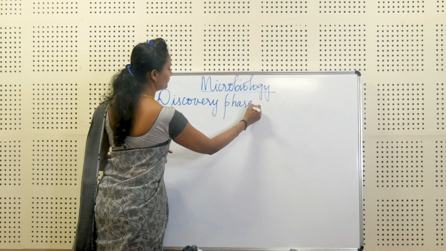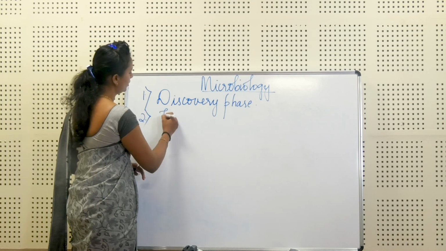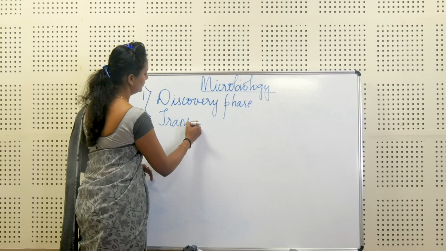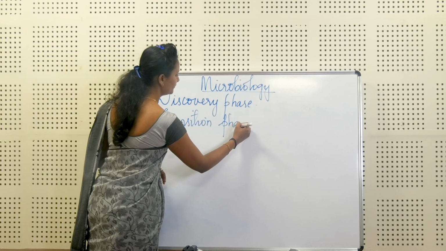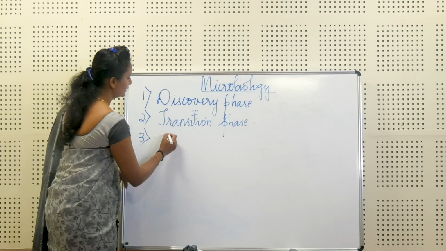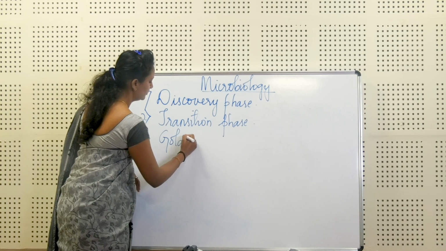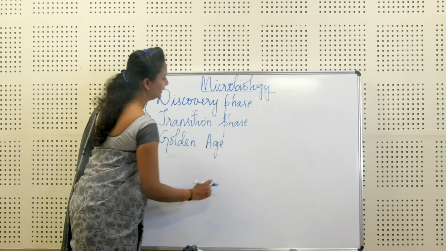discovery phase. The second phase is called as transition phase, and the third phase is called as the golden age.